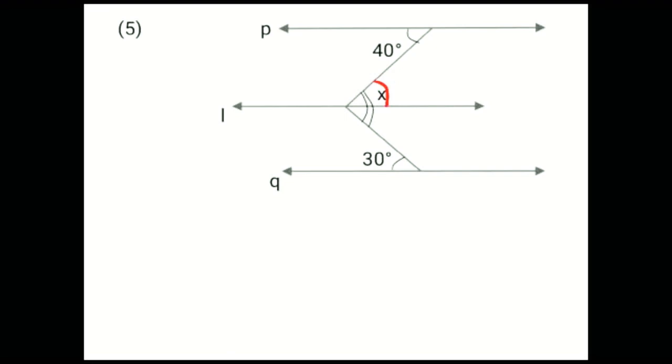Then next I will take it as line L is parallel to line Q. Okay, in these 2 parallel lines, line L and line Q, which angle is given? 30 degree angle. So other half of angle X over here is 30 degree because interior alternate angles are congruent, and this opposite Z also you have to take as interior alternate angles congruent.